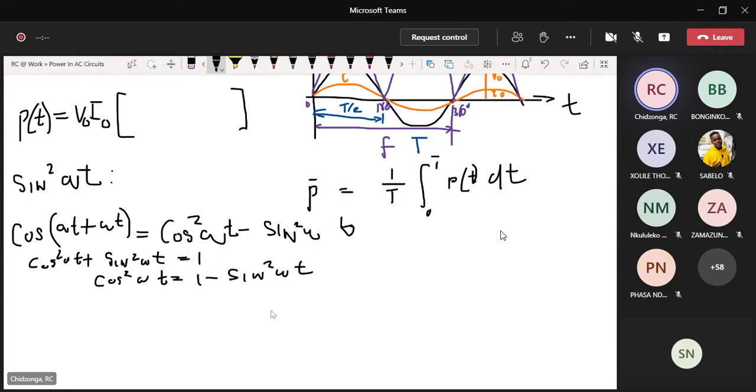Therefore, in this equation here, we can replace the cos squared term by 1 minus sine squared, which gives us, on the left-hand side, cos of omega t plus omega t, which is just cos 2 omega t, is equal to, now I substitute this for cos squared, 1 minus 2 sine squared omega t, like that.